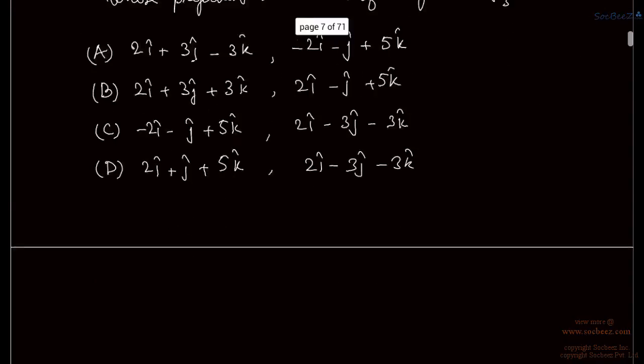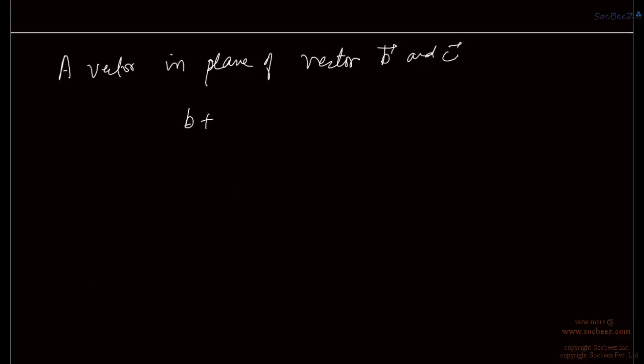So we can write a vector in plane of vector B and C as B plus lambda C, right?